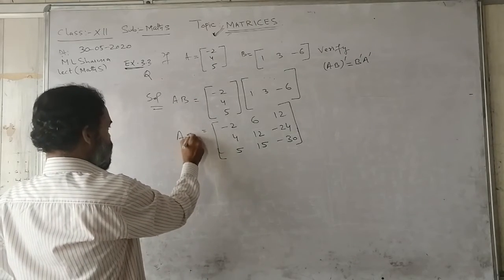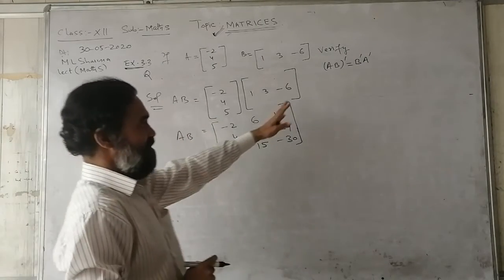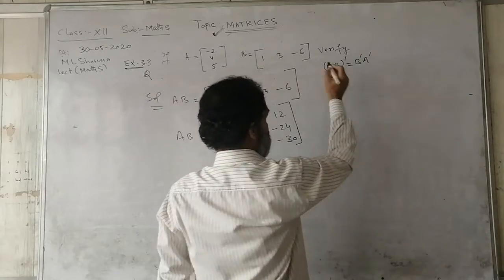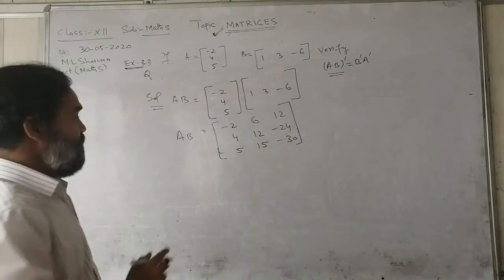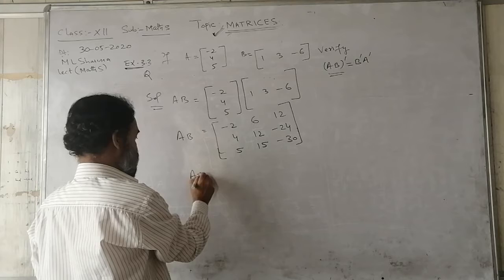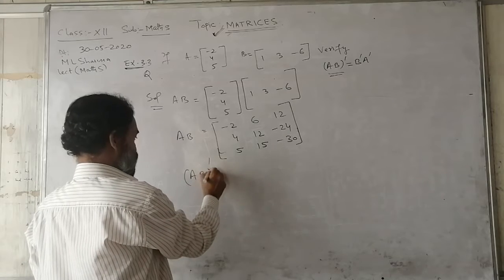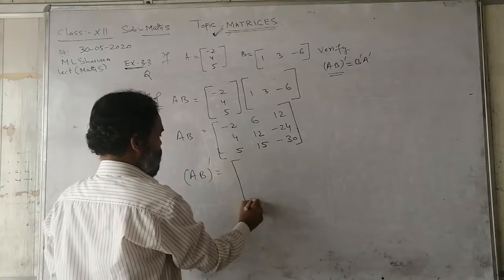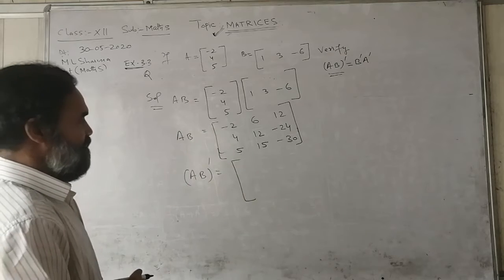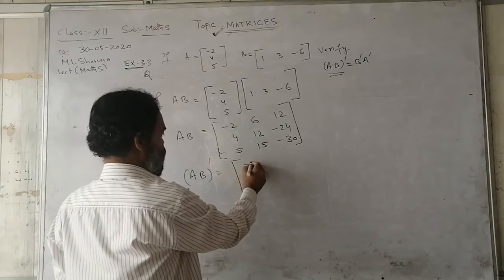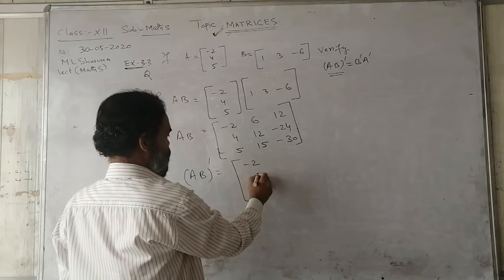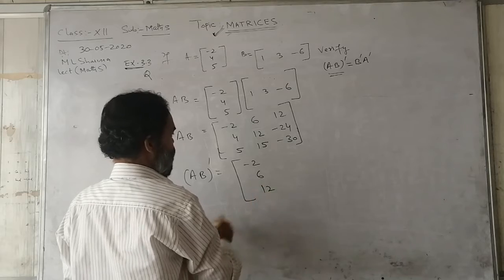Now on the left hand side I have to find the transpose. So transpose of AB will be equal to changing the rows into columns. So this -2, -6, 12.